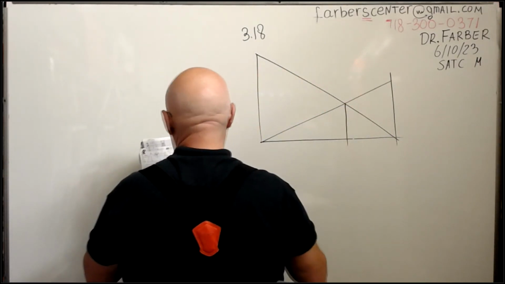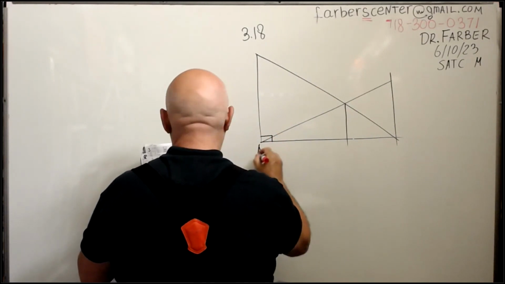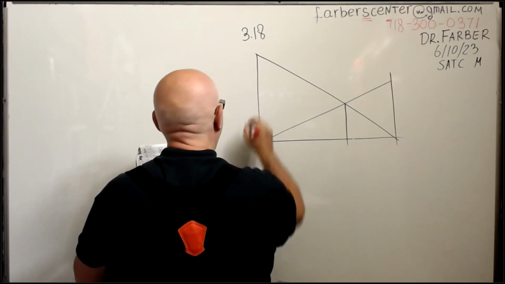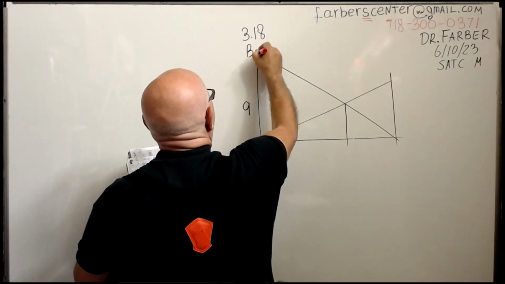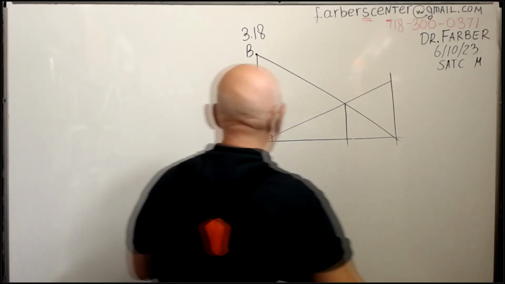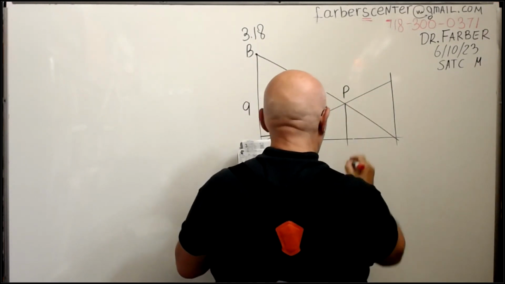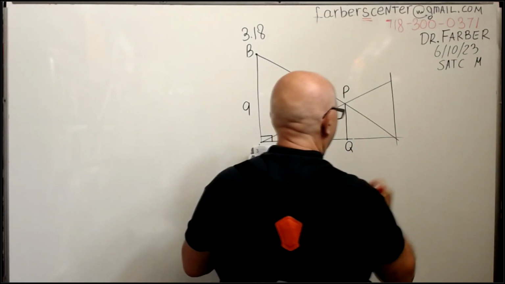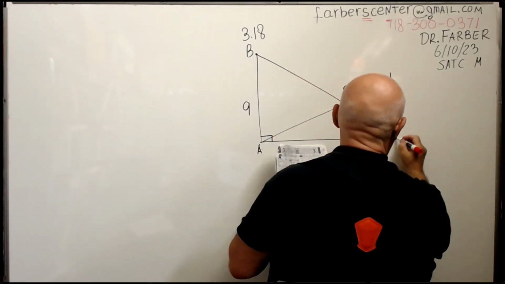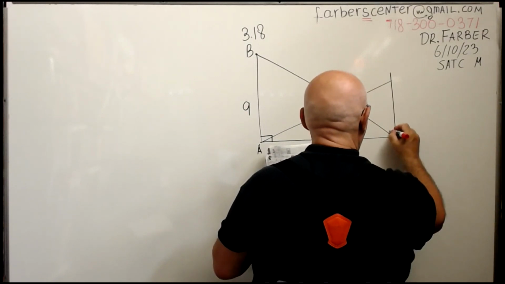And some letters. This is 90 degrees, we said. H. This is 9. From this picture, B, P, Q, C. Also 90 degrees.